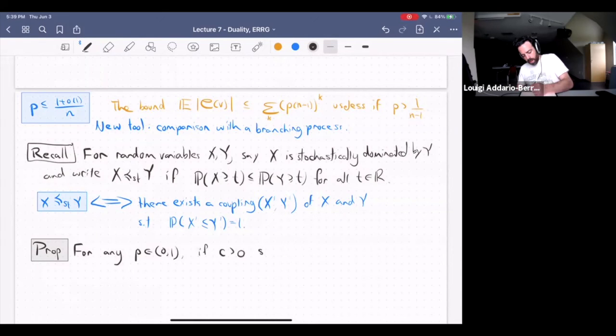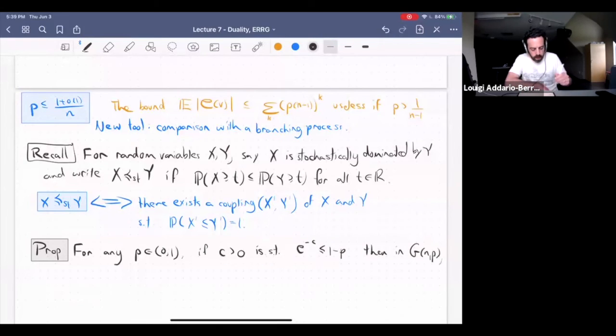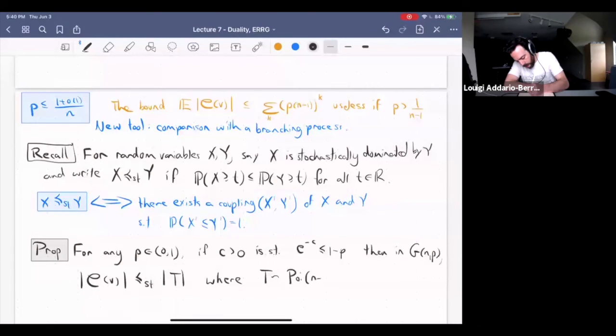So c is such that e to the minus c is at most 1 minus p, and in G(n,p), the size of the connected component containing any vertex v is stochastically at most the size of a certain tree, which is a Poisson(n minus 1, c) branching tree.